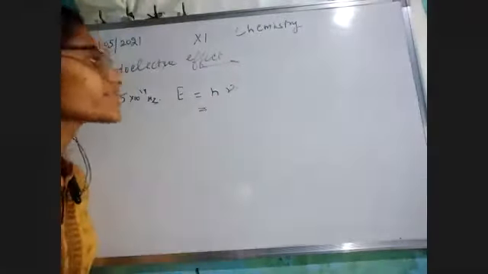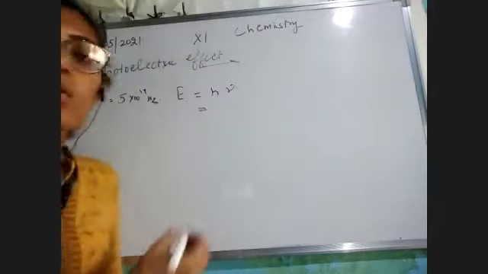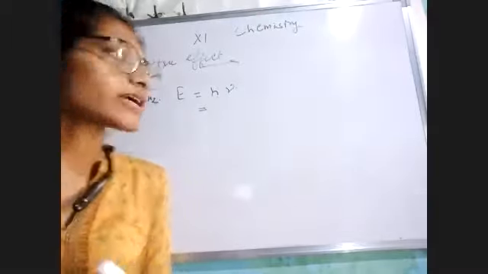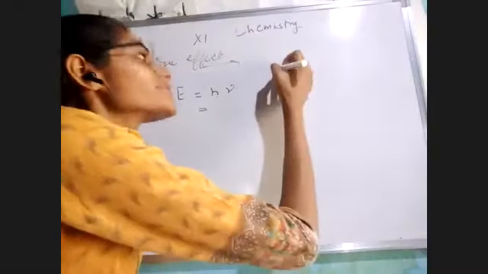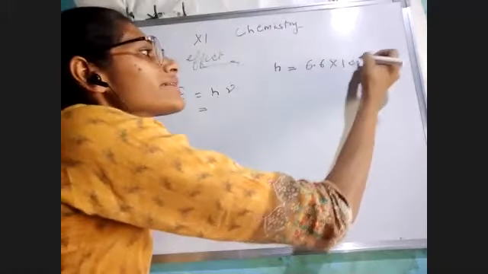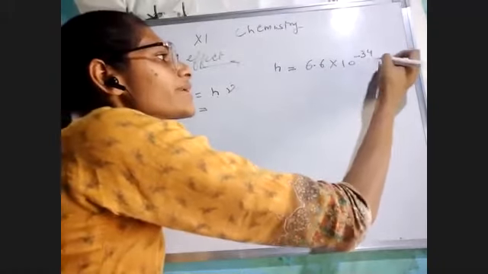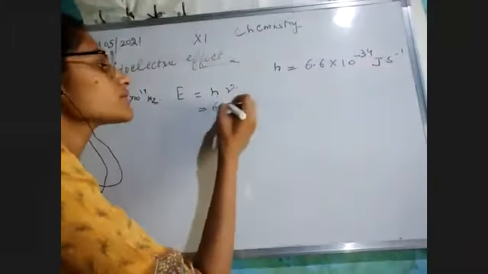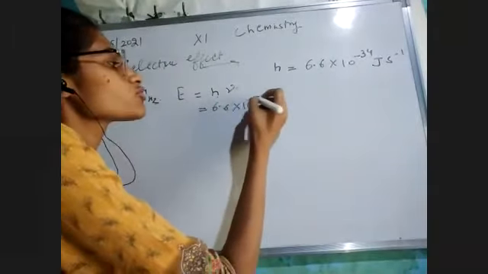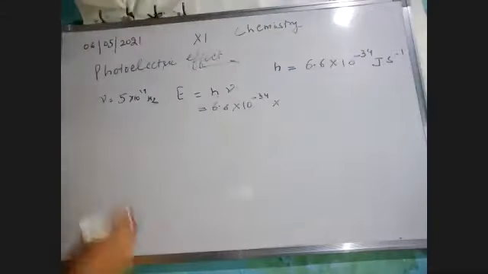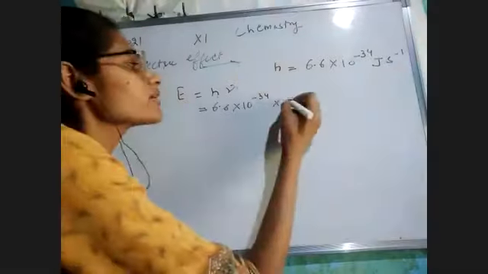We have to calculate the energy. h is Planck's constant, which we discovered in our last lecture. I have told you that you must remember its numerical value, that is 6.6 into 10 raised to power minus 34 joule second. So 6.6 into 10 raised to power minus 34 into nu, which is given as 5 into 10 raised to power 14.